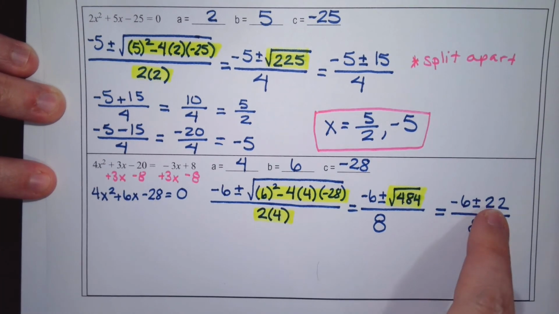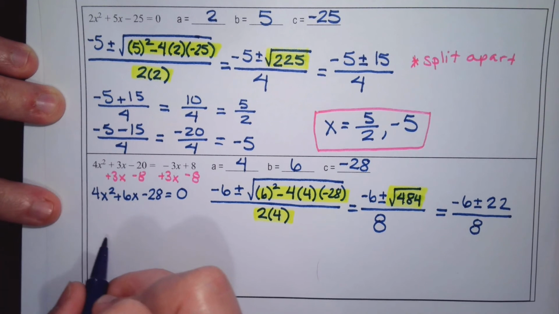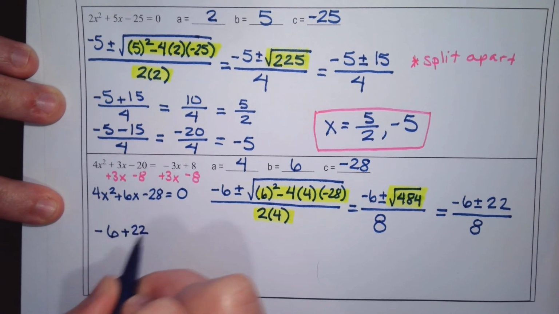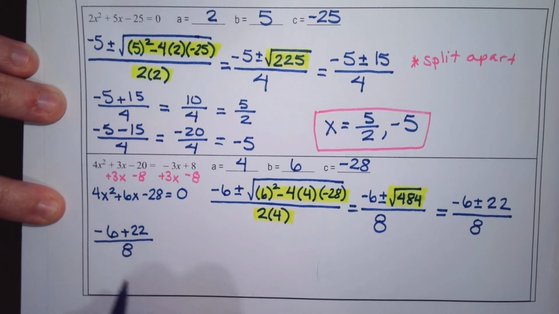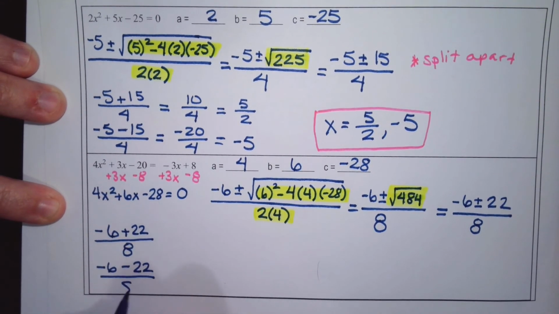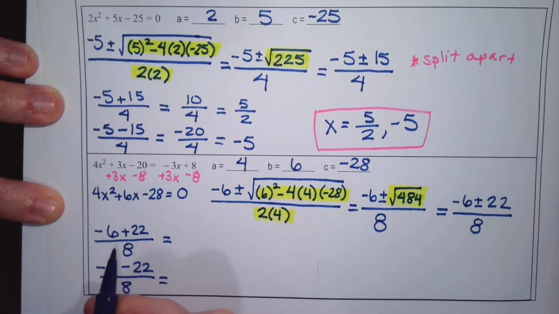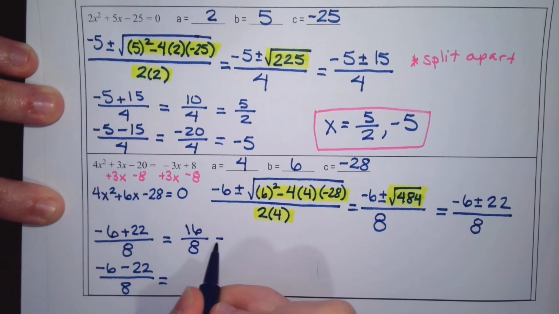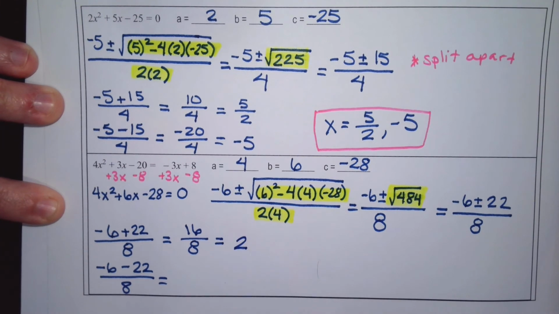Since it was a perfect square and we no longer have any square roots, we are now going to break it apart. So negative 6 plus 22 all over 8, and negative 6 minus 22 all over 8. Now we simplify. Negative 6 plus 22 is 16 all over 8, which is equal to 2.